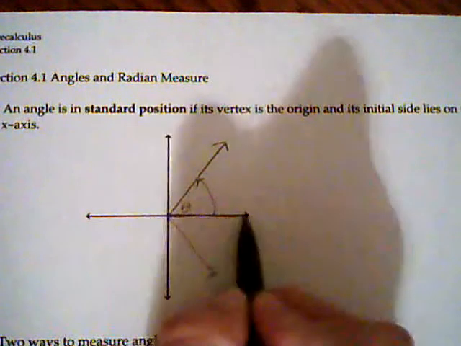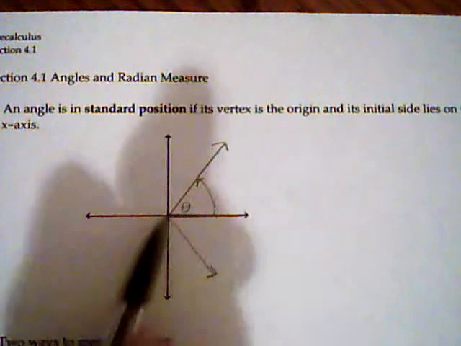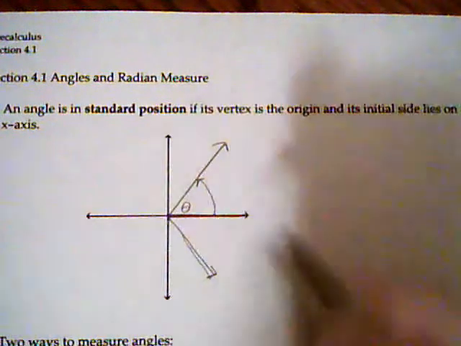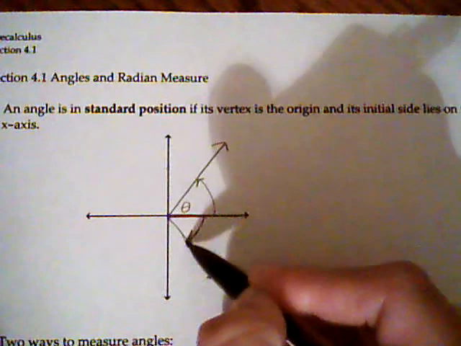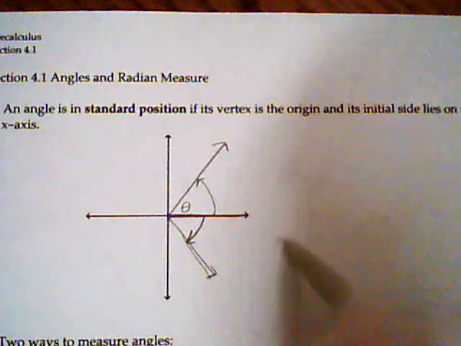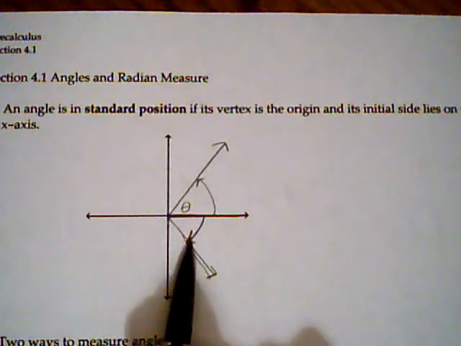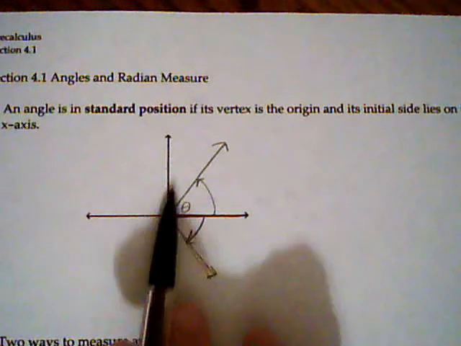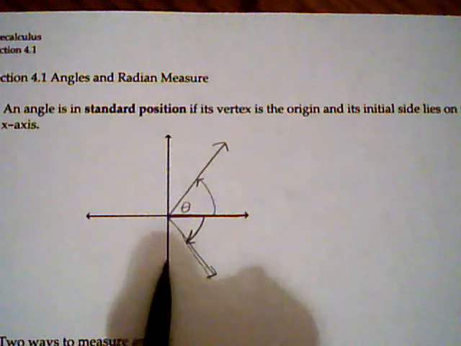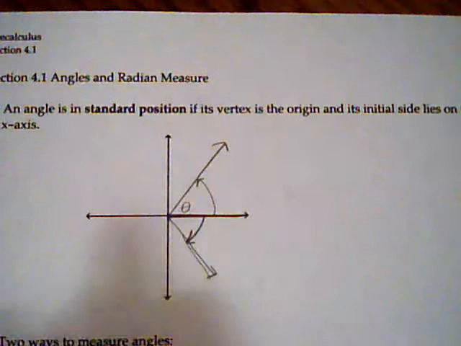Say this is the initial side, this is my terminal side, and if I rotate in the clockwise direction, this angle would be a negative angle. And if we have an angle whose terminal side is on one of our axes, that's called a quadrantal angle. You may hear some of this terminology throughout the chapter.